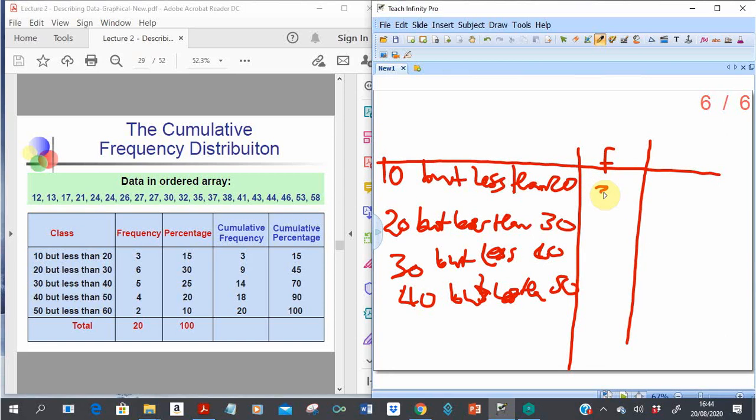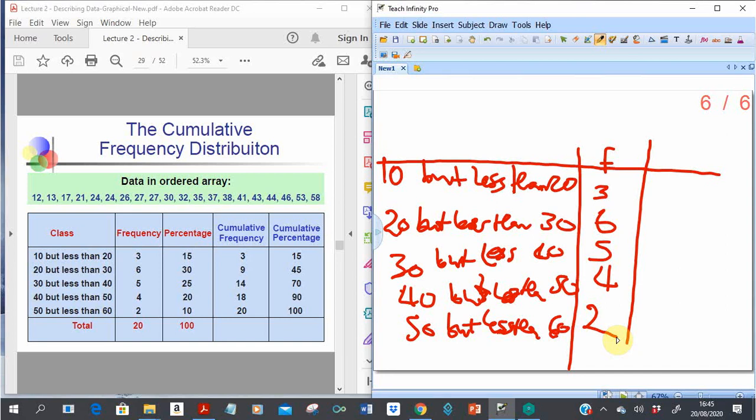The frequencies here are 3, 6, 5, 4, and so on. And the last class is 50 but less than 60. Alright, so these are the frequencies.